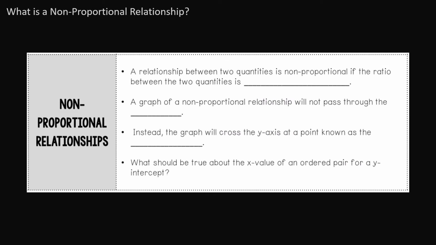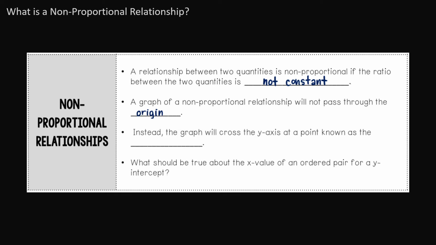Here's how non-proportional relationships differ. A relationship between two quantities is non-proportional if the ratio between the two quantities is not constant. In other words, it's the opposite of a proportional relationship. A graph of a non-proportional relationship will not pass through the origin. It's going to pass through some other point.